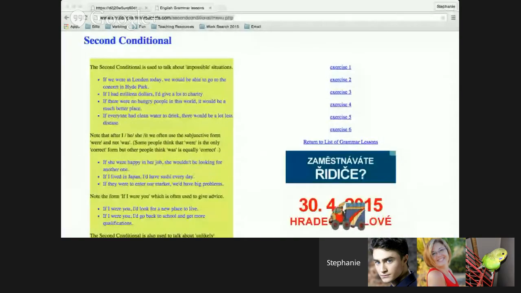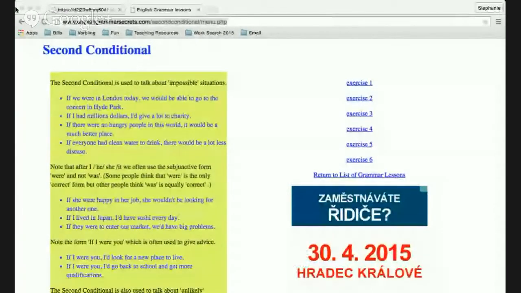And of course, if you have any questions at any time, please interrupt and ask. All right, so let's go to English Grammar Secrets. I like this website for their explanation of the conditionals.